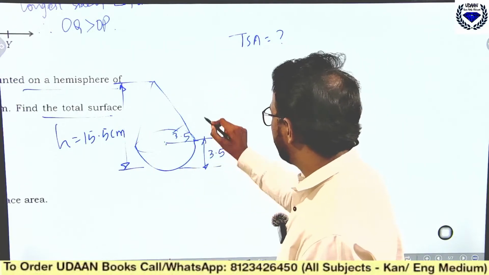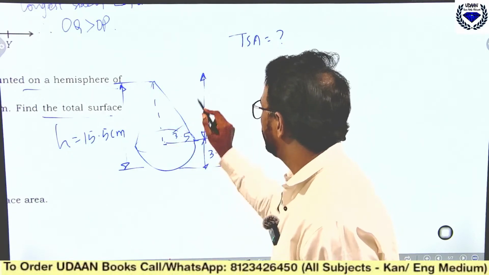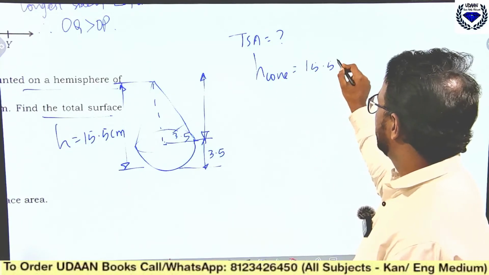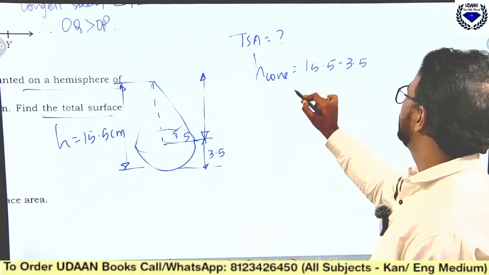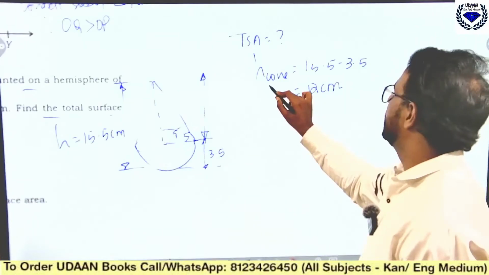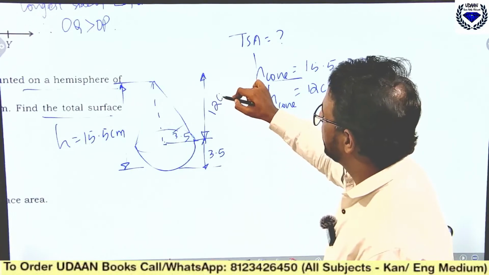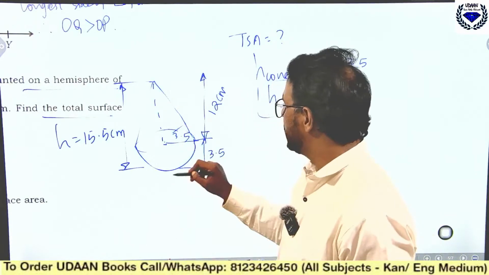Now, what is the height of the cone? The total height is 15.5. From this whole height, if you subtract this 3.5, you will get 12 centimeter. So the height of the cone is 12 centimeter. I hope you got this. Okay, you got to know how we got the height of the cone.